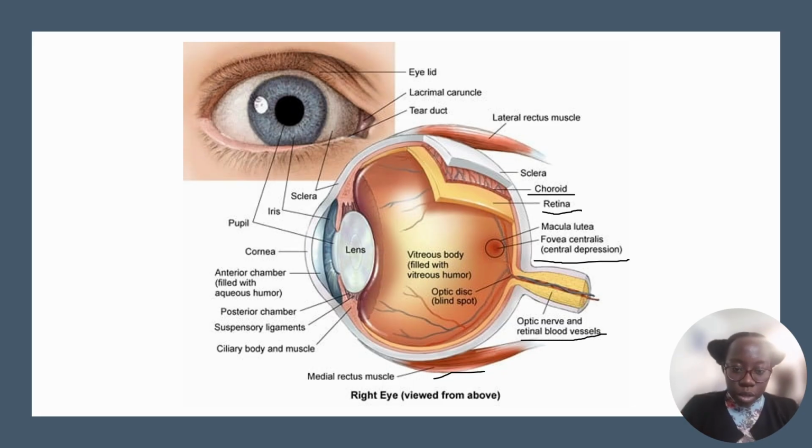We have the eye muscles. We have the anterior chamber, which is filled with aqueous humor. We have the posterior chamber. We have the suspensory ligaments, and we have the ciliary body and muscle.